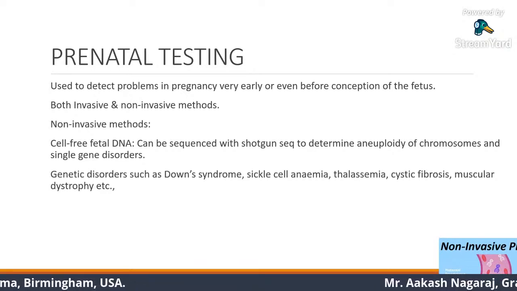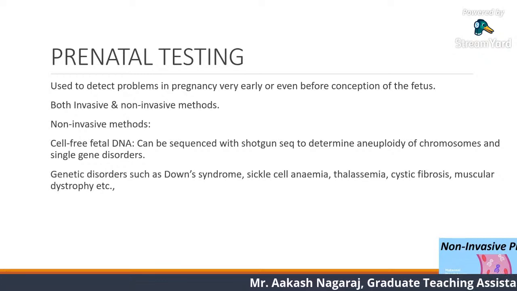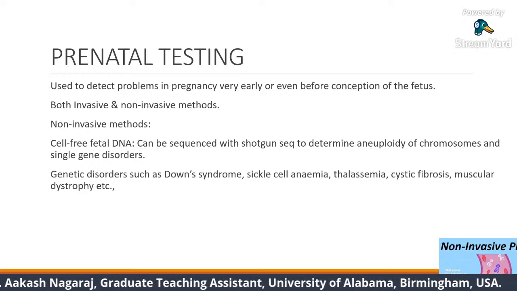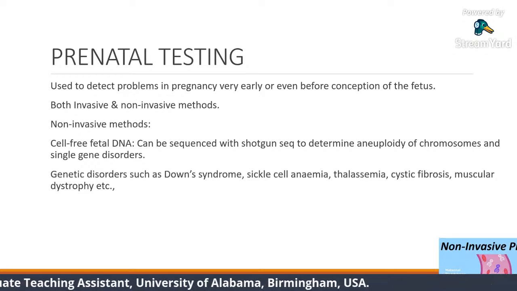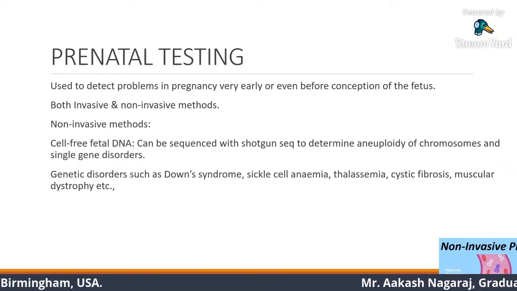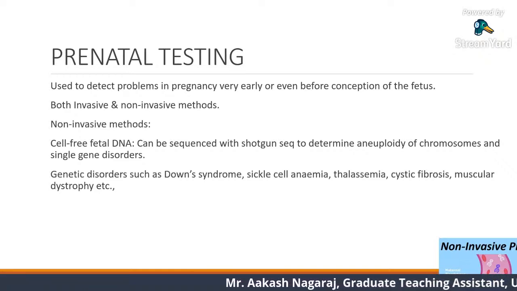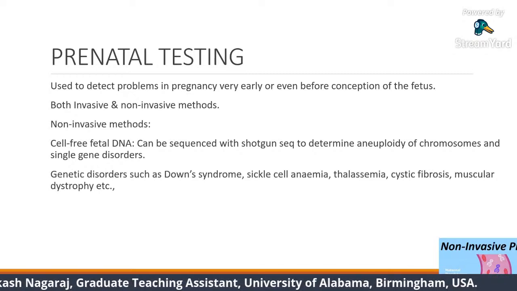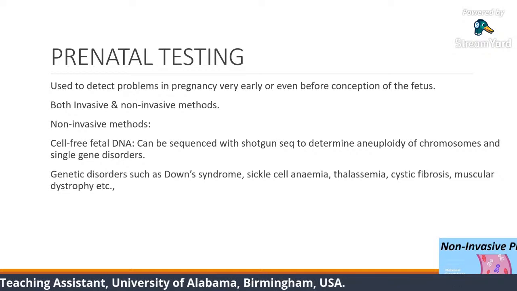So using prenatal testing, we can find out the risk of these diseases, and we can take measures, whatever kind of measures they are, to prevent trouble later in life, which might cause the death of the newborn child, or which might cause trouble later on in the future.